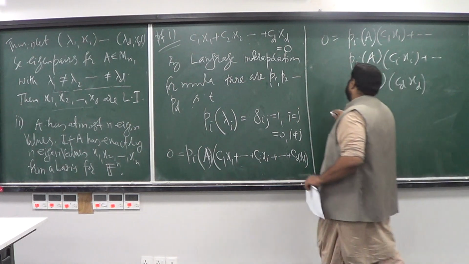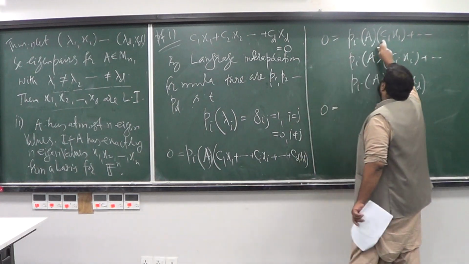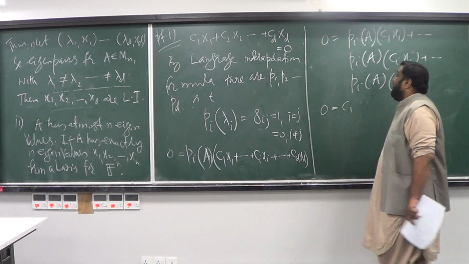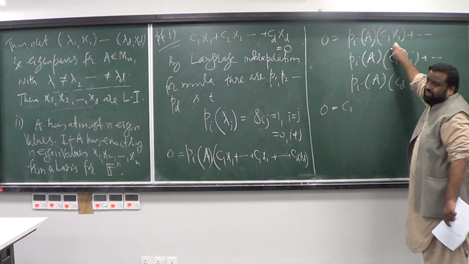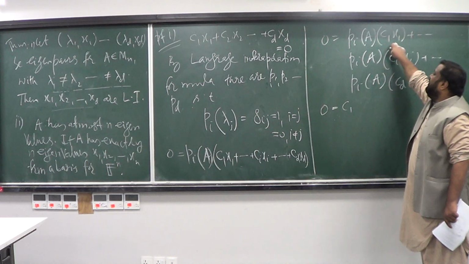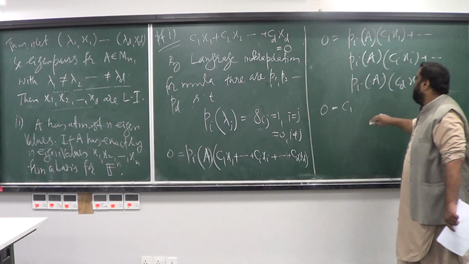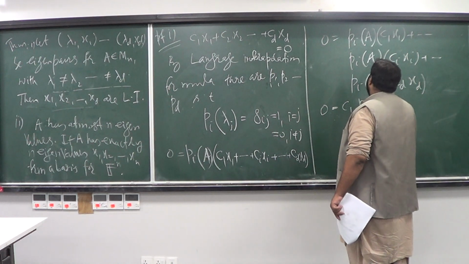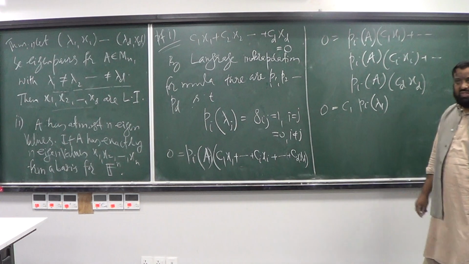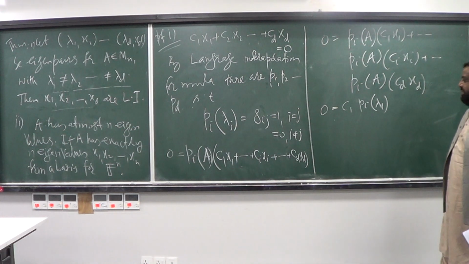Now what are you going to get? c1 is a constant, you can pull it out, and Pi of A operated onto x1. So what are you going to get? You're going to get Pi of lambda 1. Why?